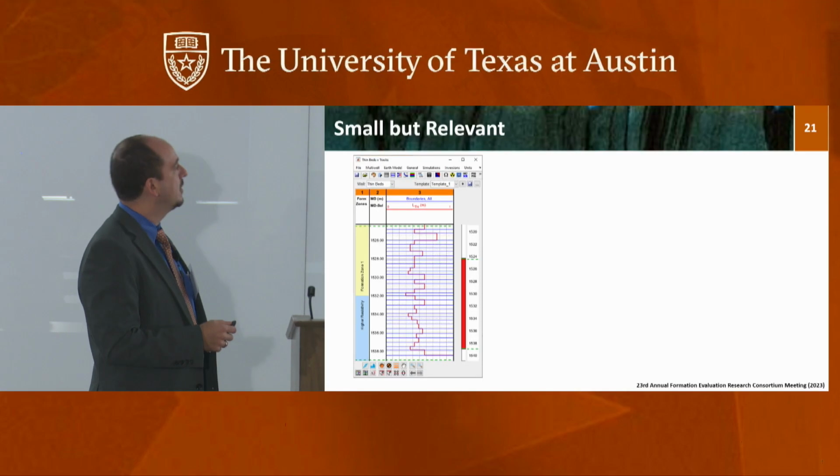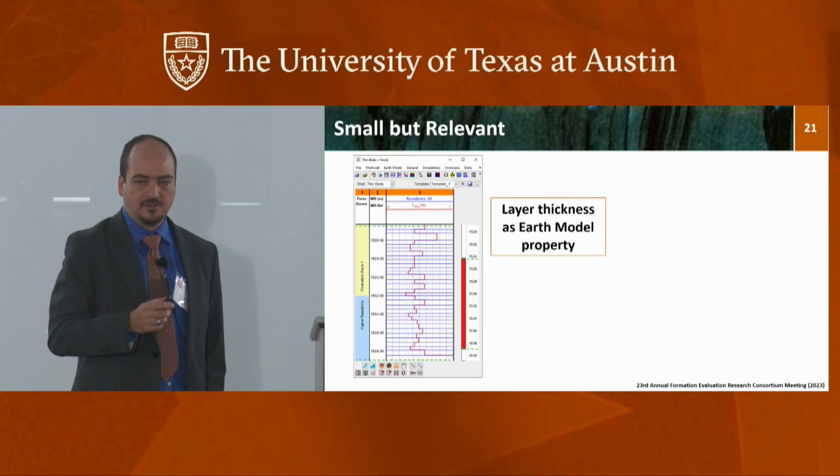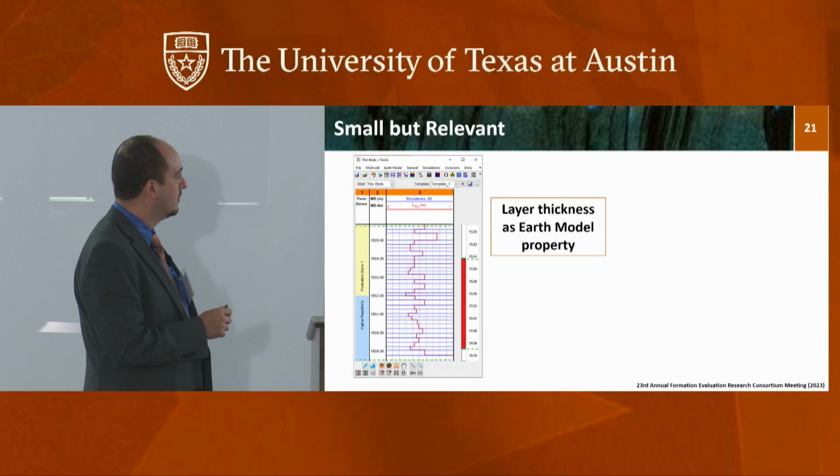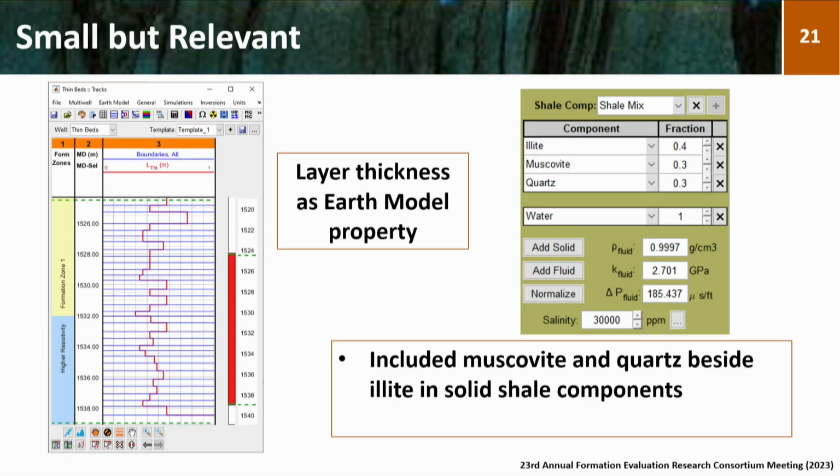Anyway, so regarding the small but relevant, somebody wanted to see layer thickness as an earth model property, so we added it. It was easy to just generate. You can just see that. Last year we had a discussion during the workshop with Carlos and Andreas about the default composition for shale, and it used to be just illite.